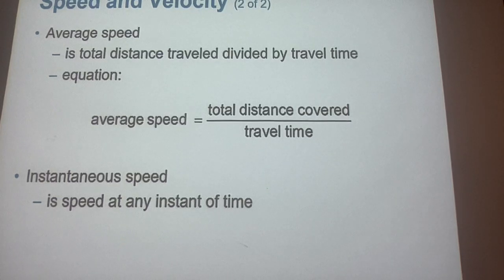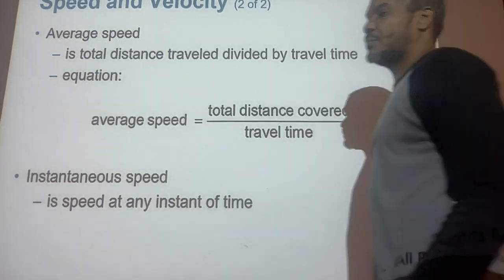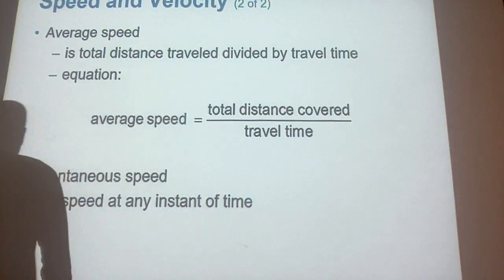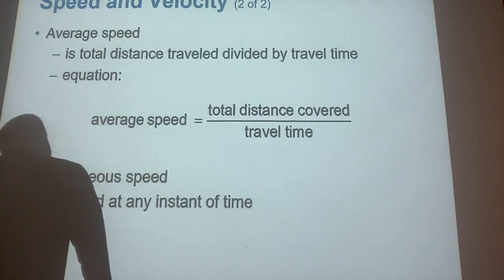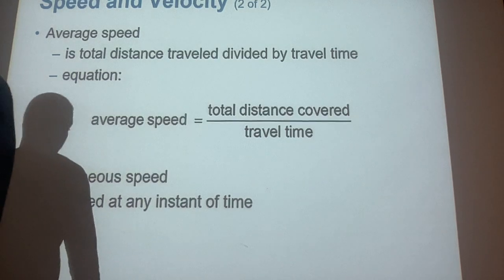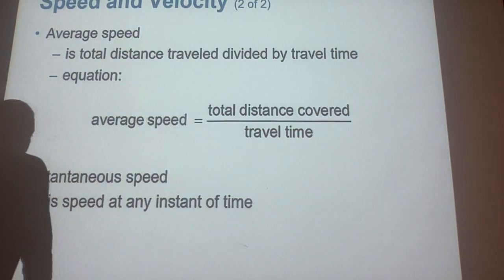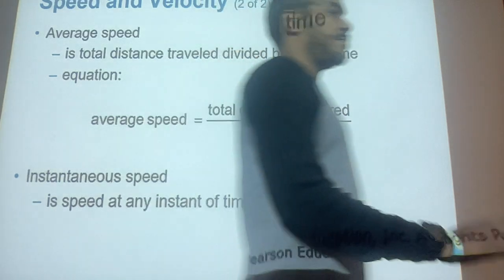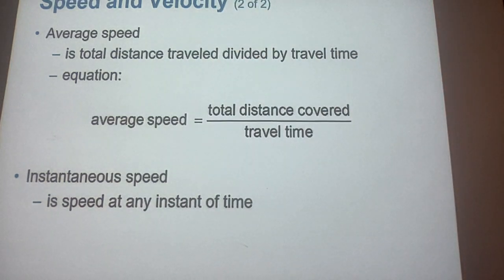So what's the difference? Average speed is exactly what it is. It's an average. If I'm going to New Orleans and I start off at 100 miles an hour, then I drop down to 50 miles an hour, and I end up in New Orleans, then my average speed is going to be what? 150 divided by 2, right? I took 100 and 50, added them up, divided by 2.